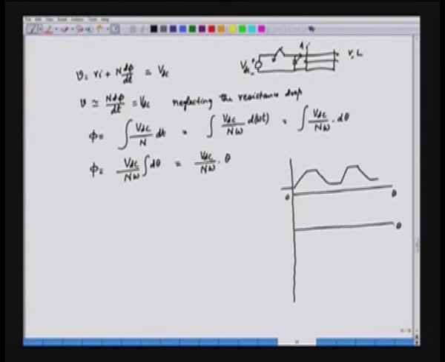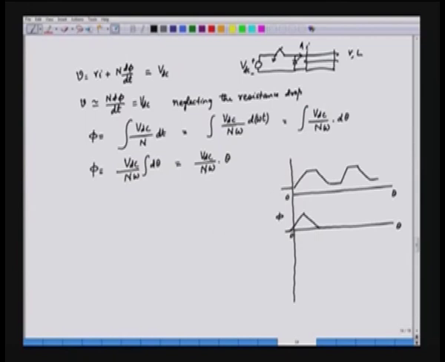and what we do here is apply the voltage in a suitable fashion, so that the flux linkage will change in the following fashion. This is the flux linkage phi.